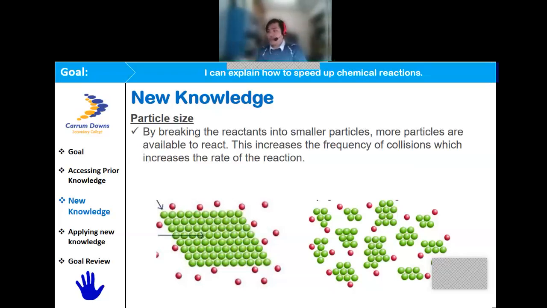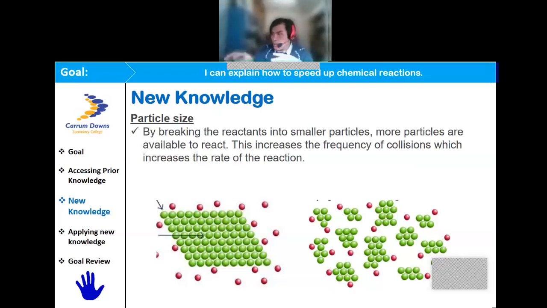First, let's talk about particle size. To decrease the particle size, in layman's terms, just break them up into smaller particles. If you break them up, more particles are available to react.